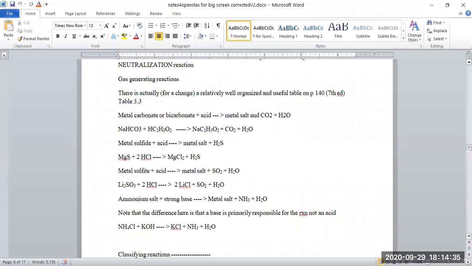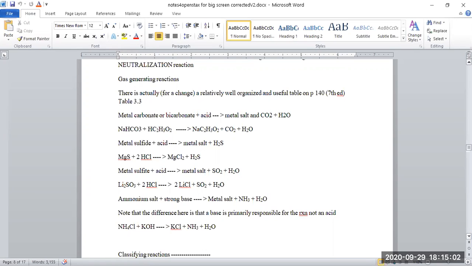The leftovers are your metal salt. So the example I gave you for this one has magnesium sulfide. Magnesium's your metal. In order to make this balanced, I need a couple of molecules of hydrochloric acid. My metal salt is the magnesium chloride. My H2S is my gas.